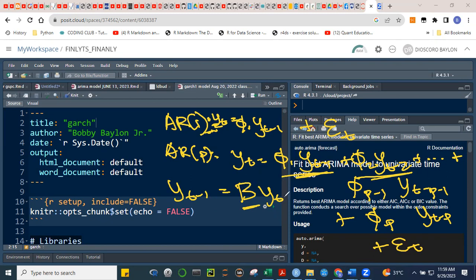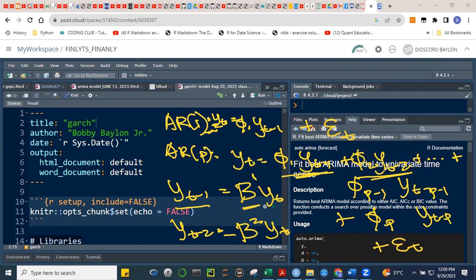Pag sinabi natin B, ibig sabihin, we're taking the lag 1. So this is B1, ibig sabihin lag 1. Y sub t minus 1 is equal to B y sub t. Y sub t minus 2 is equal to B squared y sub t, ibig sabihin 2 times na yung lag. Alright?